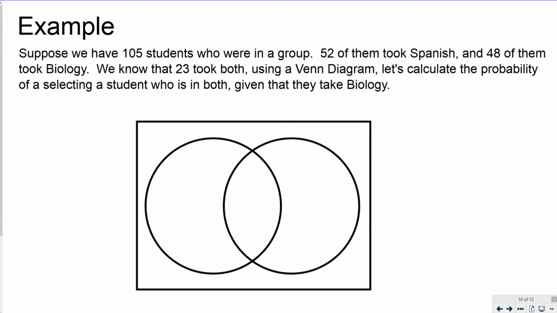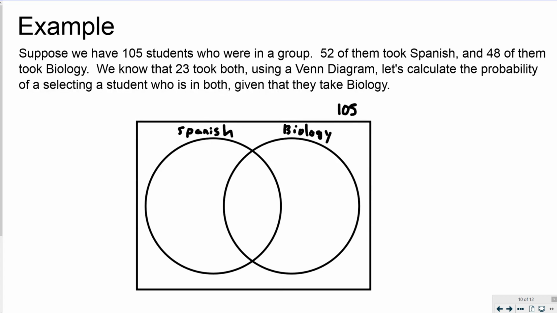Suppose we have 105 students who are in a group. 52 of them took Spanish, so we're going to create a Spanish category. And then 48 of them took biology. Now notice I'm not writing the 52 and 48 in right away because it also says we know 23 took both.